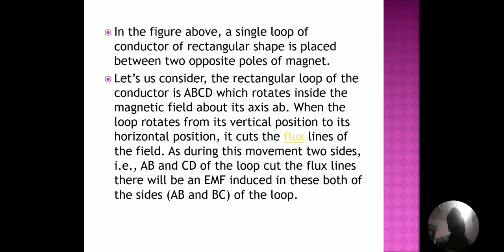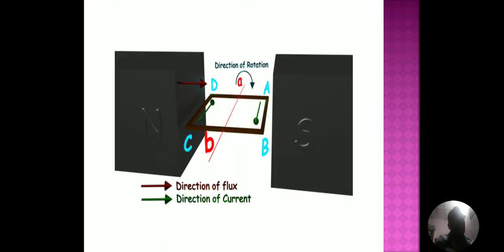During this movement, the two sides, that is AB and CD of the loop, cut the flux lines. There will be an EMF induced in both of these sides of the loop.